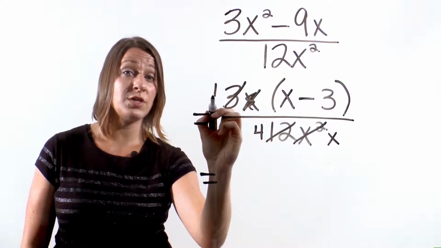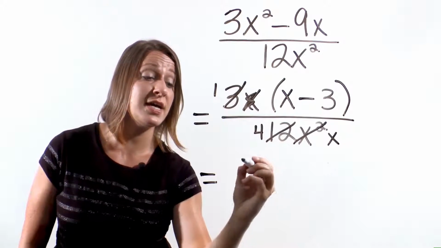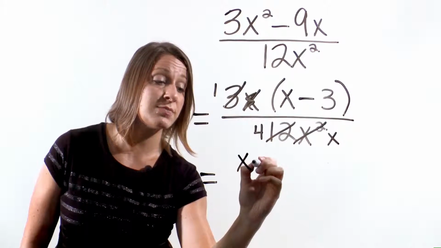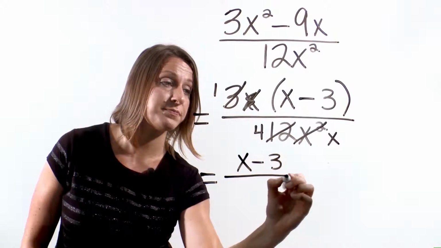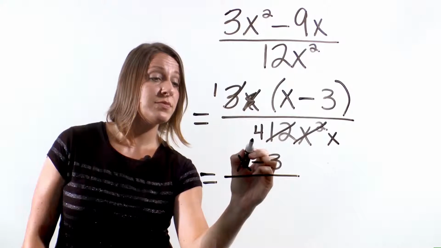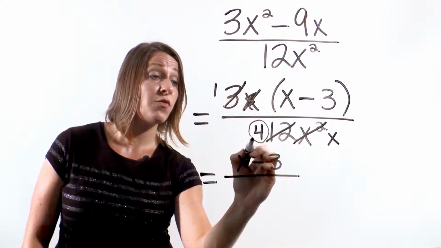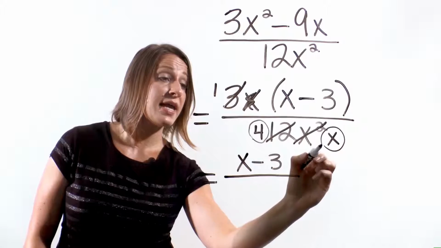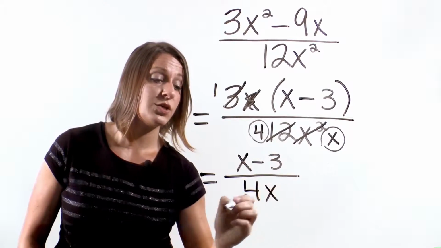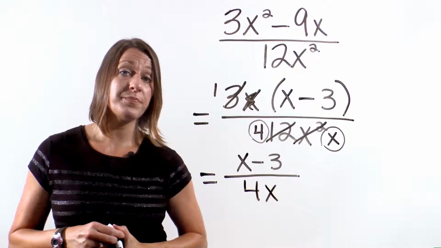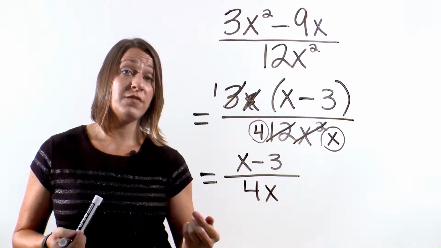Because 1 is going to be the coefficient, we don't have to write that, so we can just write x minus 3. And it's okay that we drop the parentheses off. On the bottom, we are left with this 4 and an x. And so we're going to put the 4x on the bottom. And this will be our final answer.